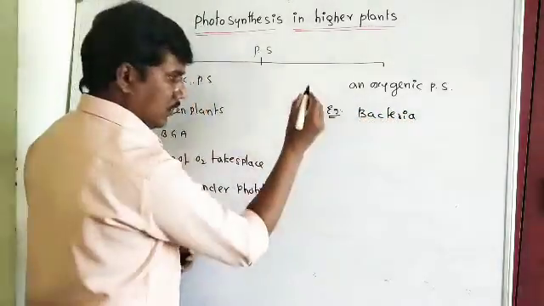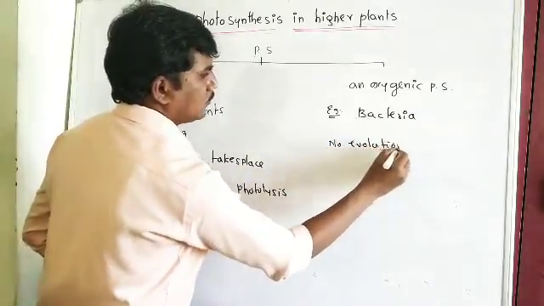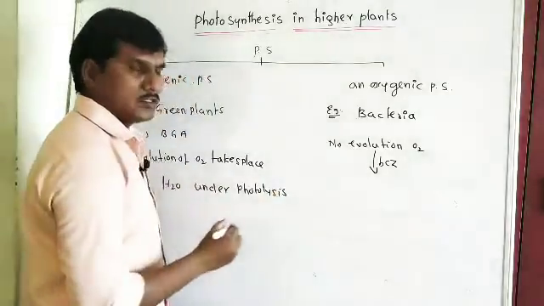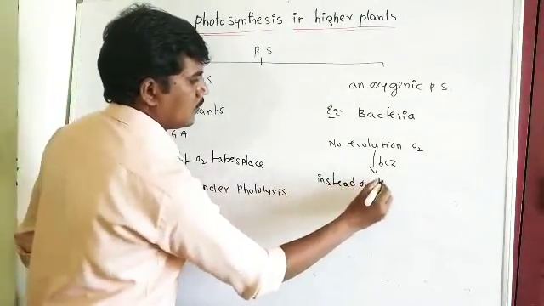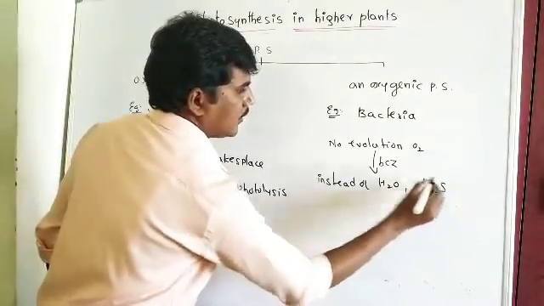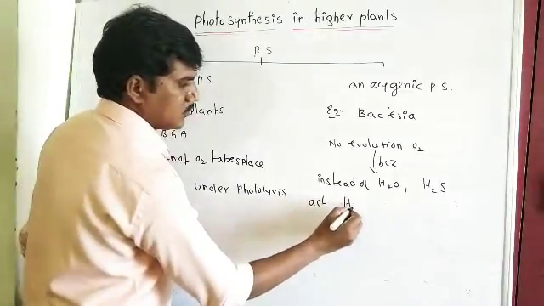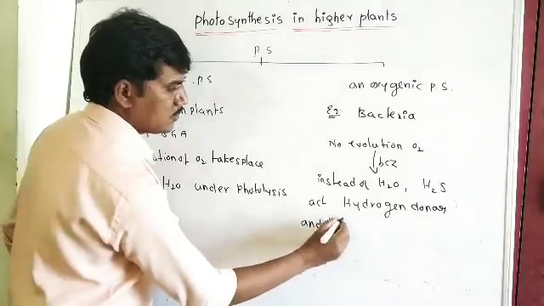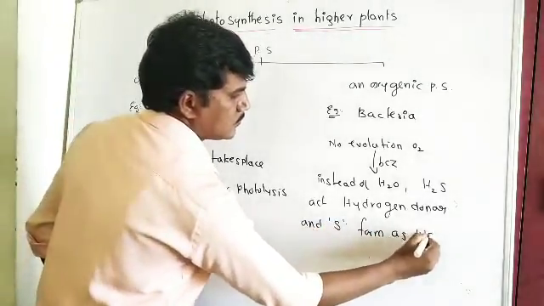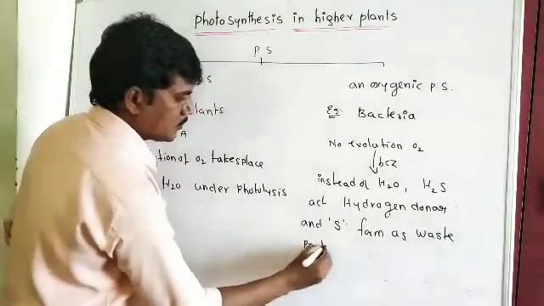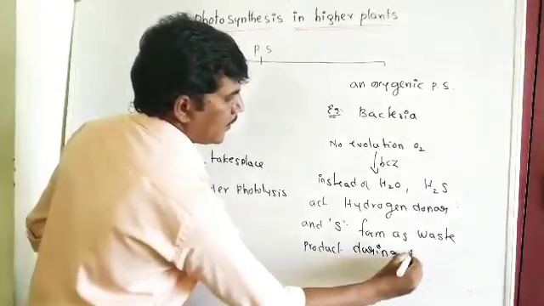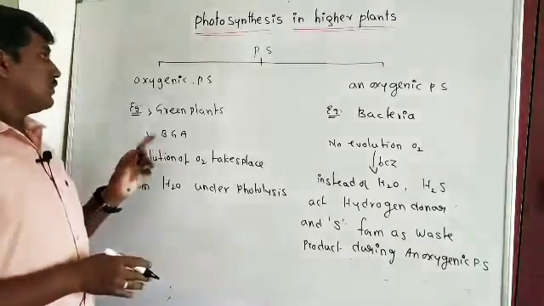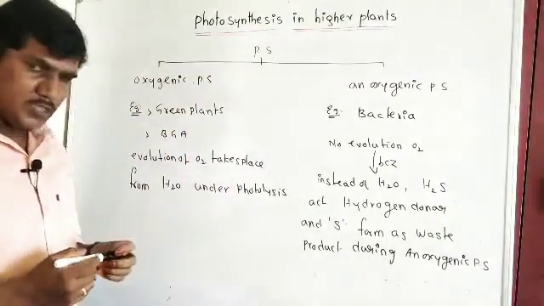Very important: there is no evolution of oxygen in anoxygenic photosynthesis, because instead of water, H2O, hydrogen sulfide acts as the hydrogen donor, and sulfur forms as a waste product. So here you need to remember two points: examples of oxygenic and anoxygenic photosynthetic organisms.